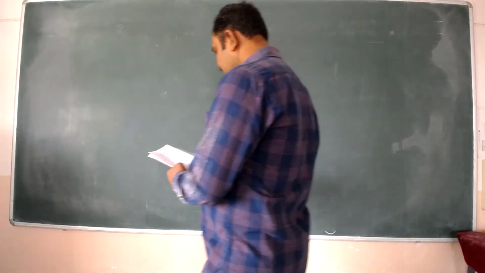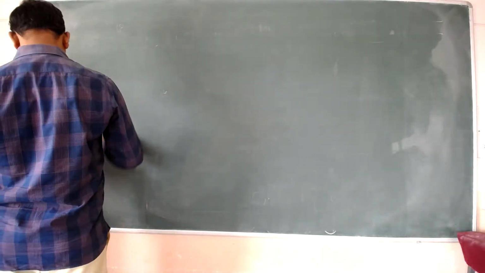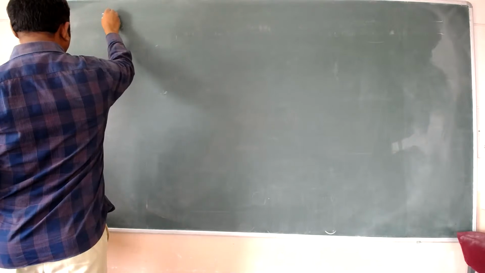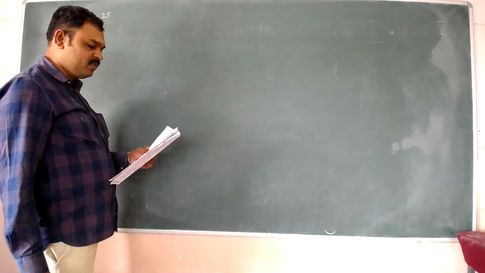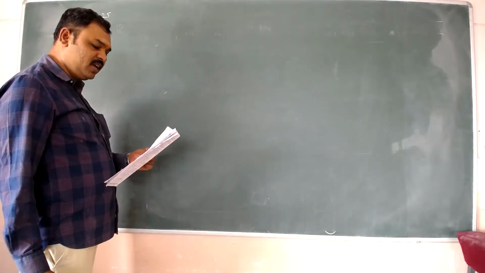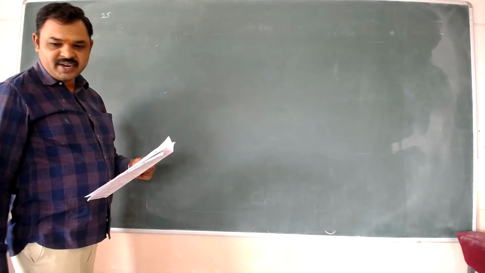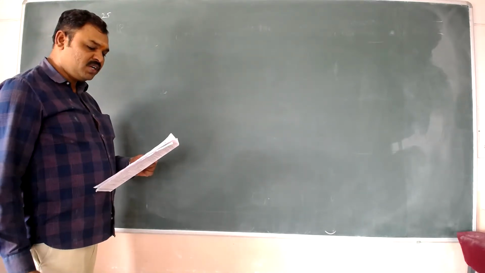It's question number 25. Read the following 4 statements, A to D, and then decide how many of the statements are right: 2 statements, 3 statements, 4 statements, or 1 statement.